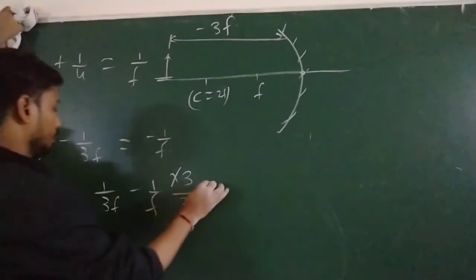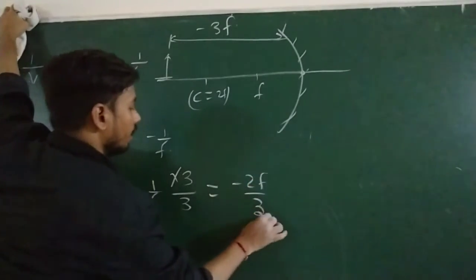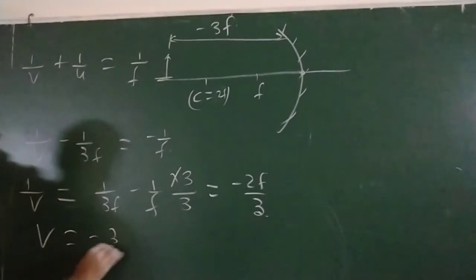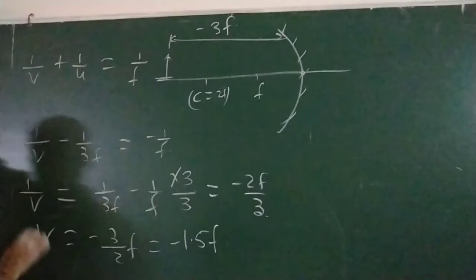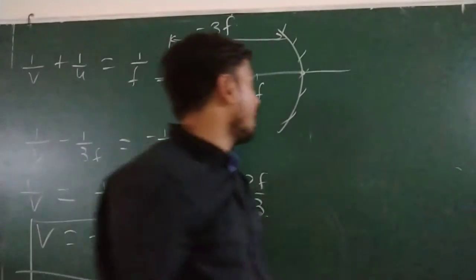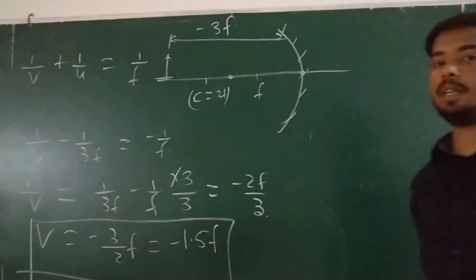So this becomes minus 2F by 3. So v becomes minus 3 by 2F, or minus 1.5F. So you can see this v is coming minus 1.5F. It means v will be somewhere here.